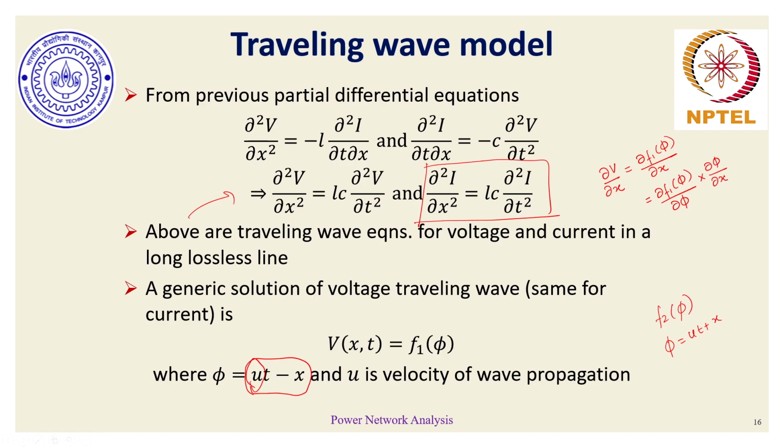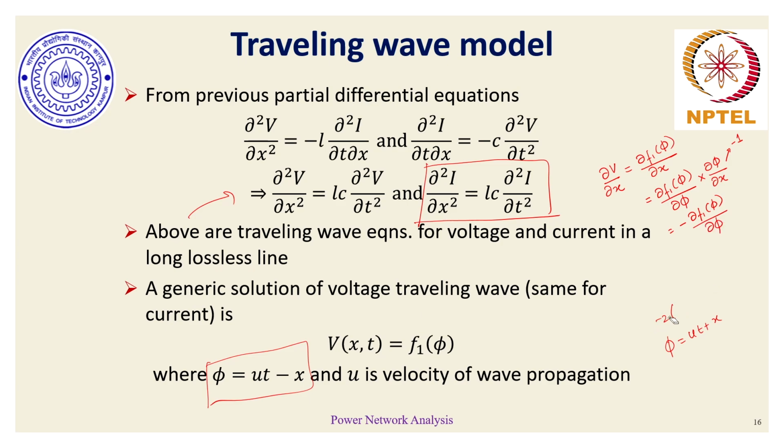Since phi is ut minus x, the term I have defined here, del phi by del x becomes equal to minus 1. So I have minus del F1 by del phi.